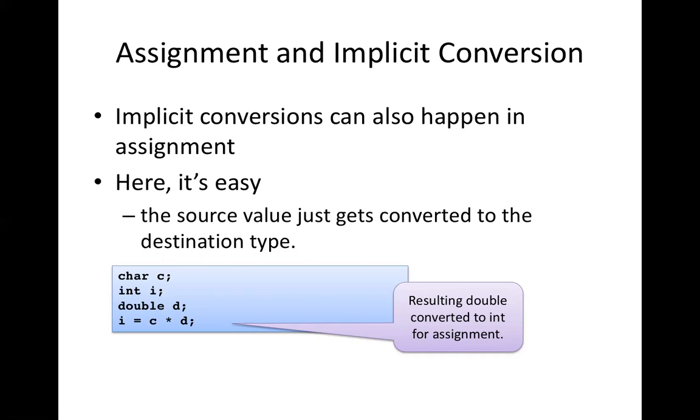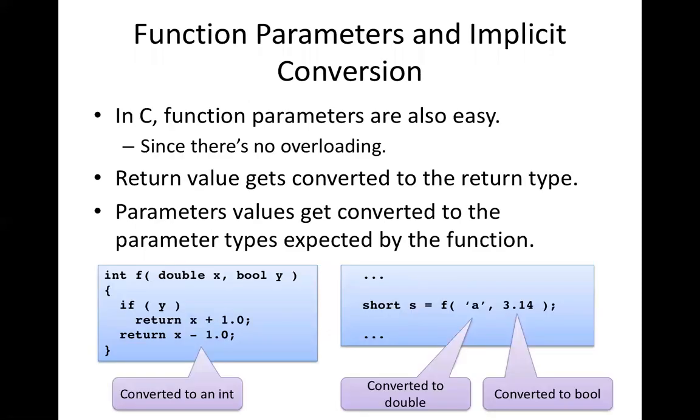All right, so we just talked about what happens when you do an assignment, and there I think the rules for implicit conversion are easy. How about when you call a function? When you call a function, it seems like two things can happen. You have to worry about, well, what if I pass in some types that don't match the parameter types? Here, since C does not let you do overloading, this is also kind of simple, kind of like assignment.